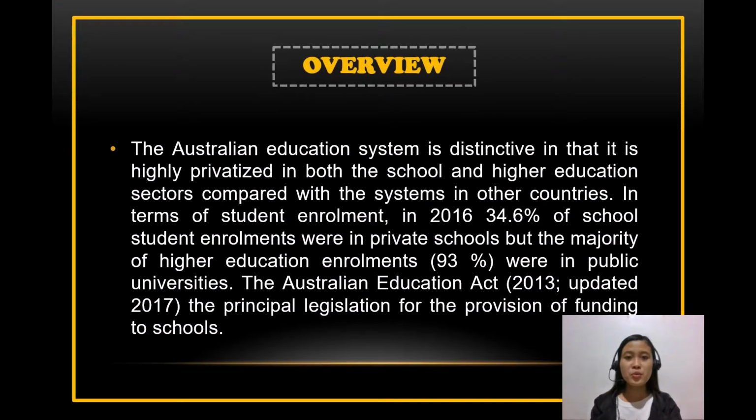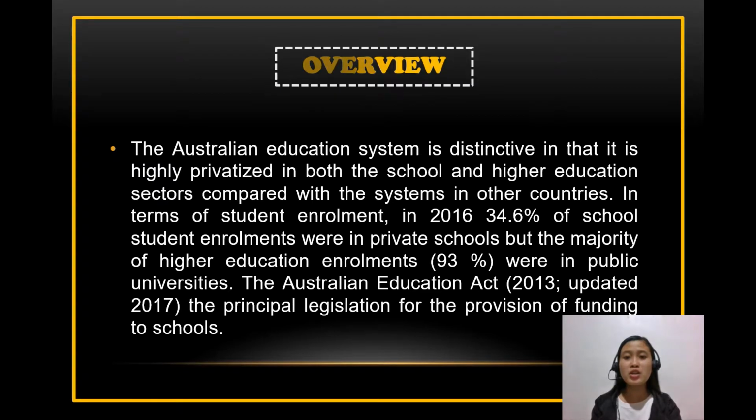In comparison to other countries, Australia's education system is largely privatized in both the school and higher education sectors. In terms of student enrollment, private schools accounted for 34.6% of school enrollments in year 2016, yet public universities accounted for 93% of higher education enrollments.